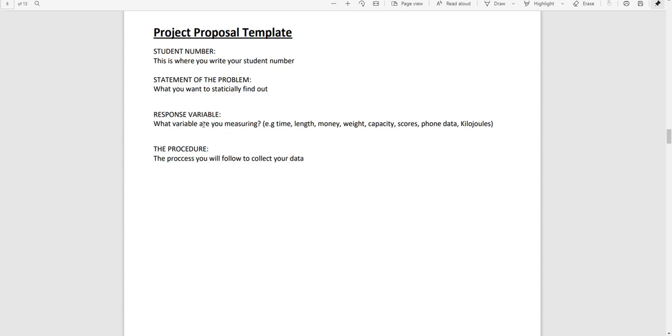Response variable, what variable are you measuring? So for paper airplane is distance, so length in meters to 2 decimal places. As you can see, examples is time, length, money, weight, capacity, scores, phone data, kilojoules. So some people basically went for a walk around their block once a day for 30 days.